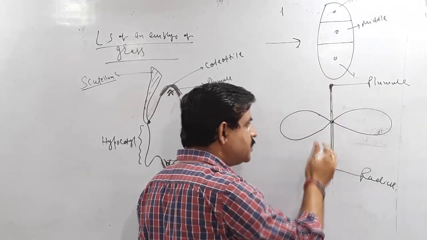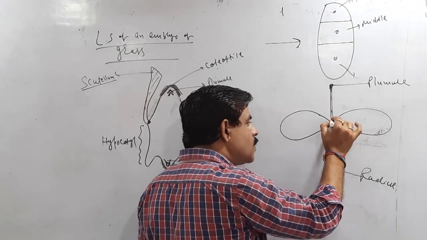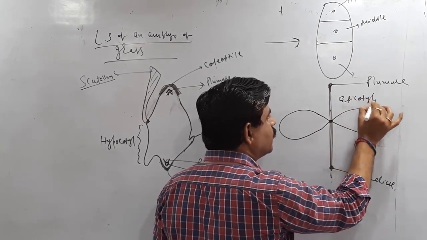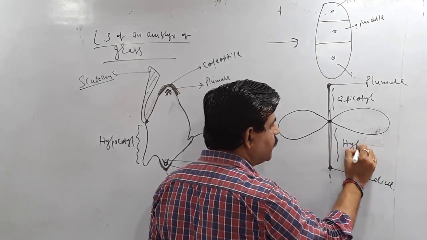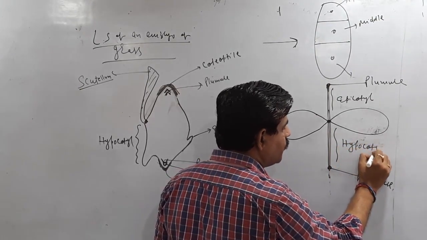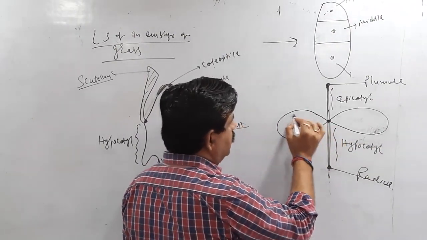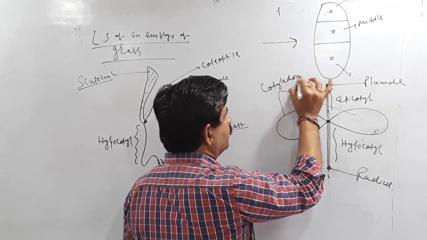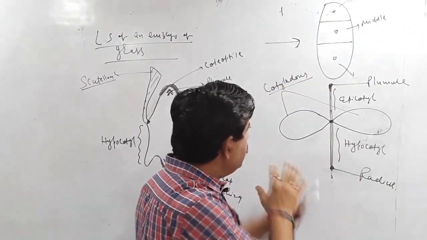The part above the cotyledonary node is the epicotyl, and below the cotyledonary node is called hypocotyl. And these two are the cotyledons. We already studied in the previous part.